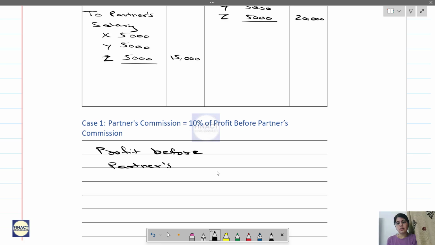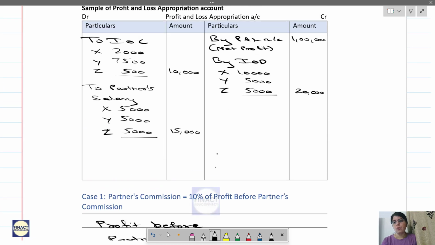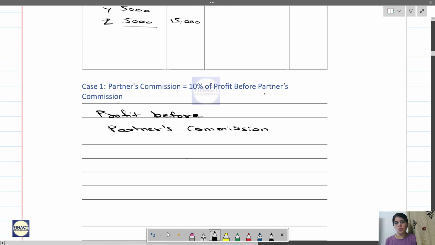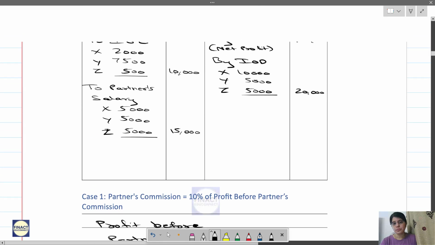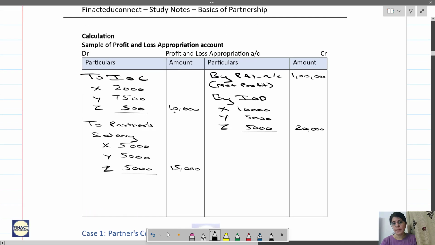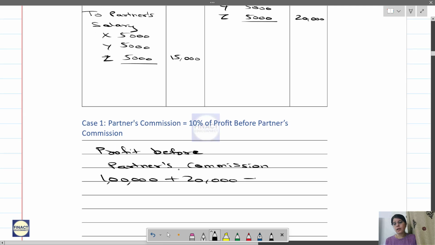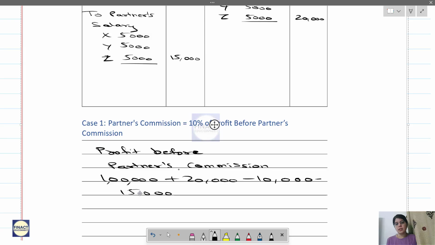So you can solve it along with me. Profit before partners commission. Okay, let us calculate profit before partners commission over here. So see here, how much is the profit? 1 lakh plus 20,000, minus interest on capital 10,000, minus partner's salary 15,000.